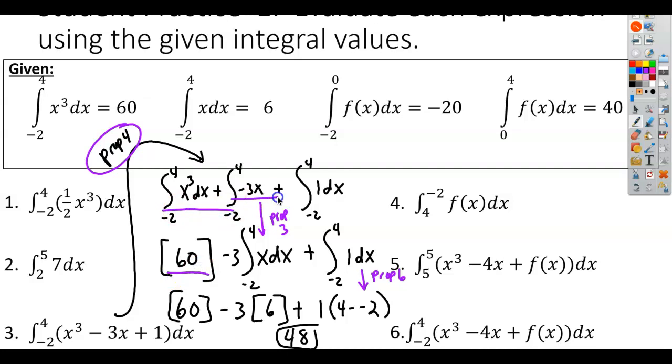The next one, I can take the -3 out using property 3. Now that I've got this integral, I know that equals 6, so I can replace it with 6.